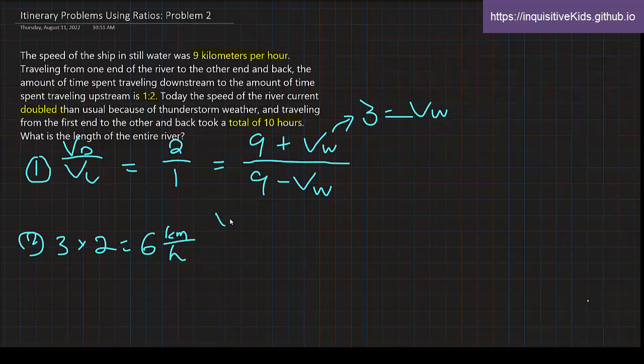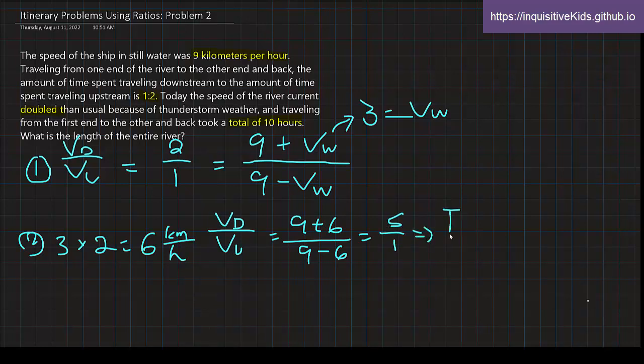So the downstream speed to the upstream speed in this scenario would be 9 plus 6 to 9 minus 6, and that's 5 to 1, meaning that their time ratio, the time it took to go downstream versus the time it took to go upstream, would be 1 to 5.